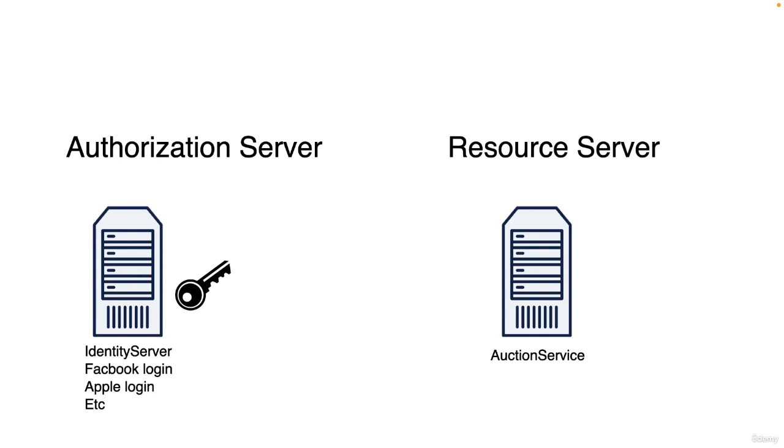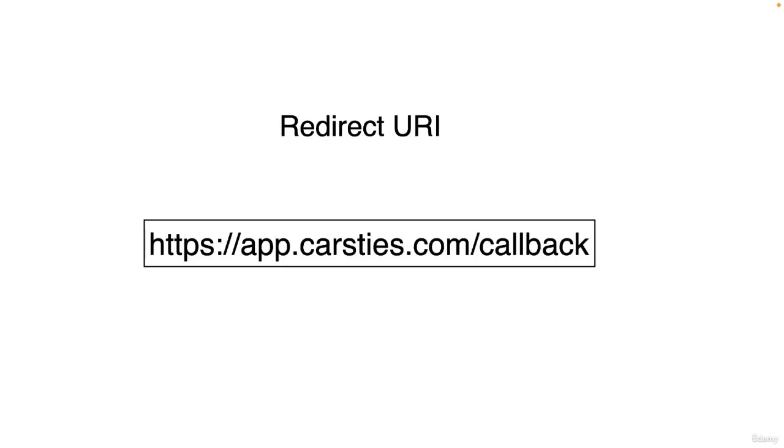Sometimes it's a completely different organization. But the authorization server is a third-party service that the resource server trusts. We also have a redirect URI, and this is the URL the auth server, Identity Server, will redirect the resource owner back to after granting permission to the client callback URL.